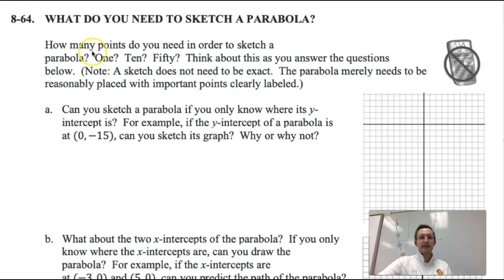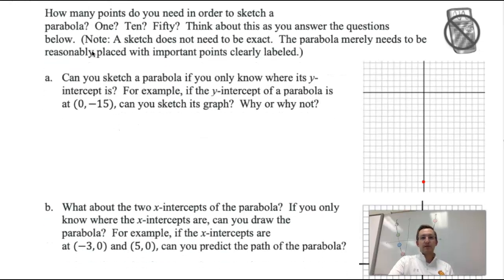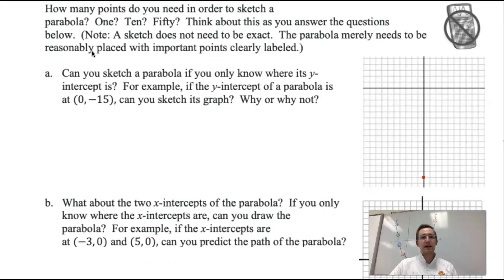So can we sketch a parabola if we know only where the y-intercept is? So for example, we have a y-intercept with this graph. We know the parabola for part A is just at (0, -15). Can we sketch this parabola from just 1 point? I don't think so. That's a big old no. Absolutely not.